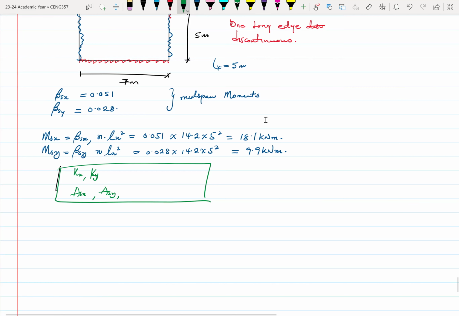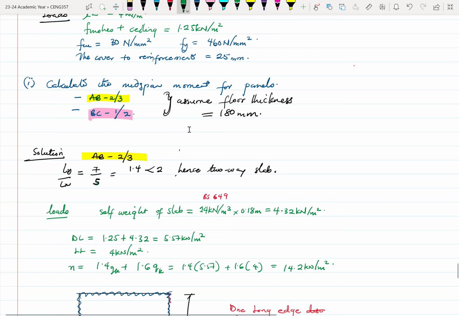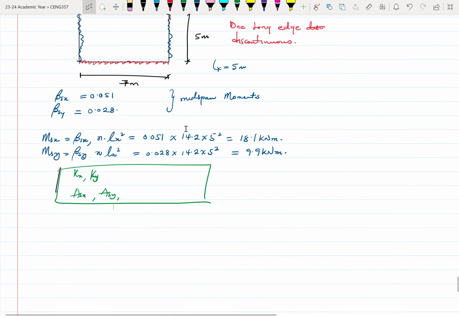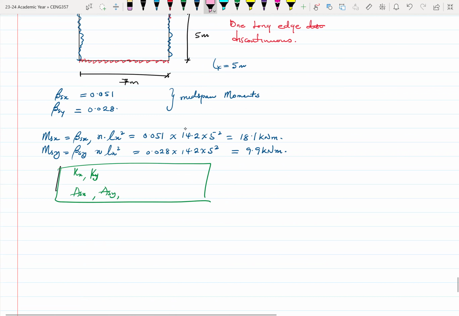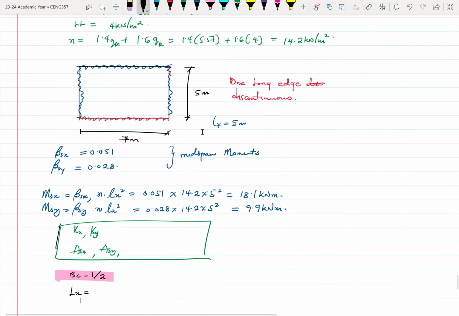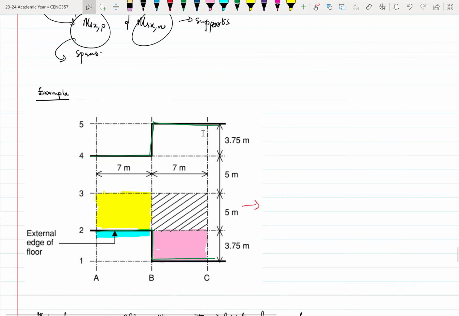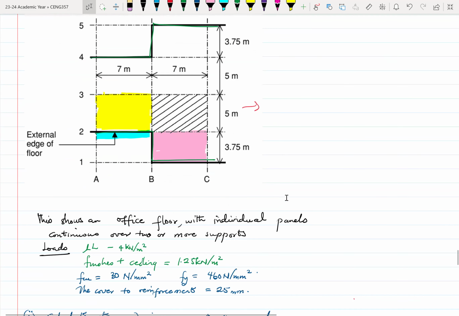Now let's look at the other panel, panel BC12. Our LX is 3.75 meters, and then our LY is 7 meters.